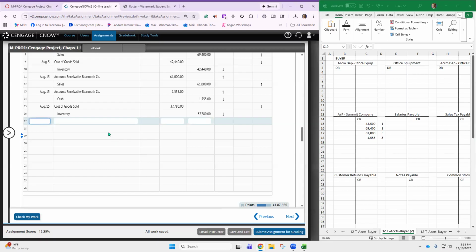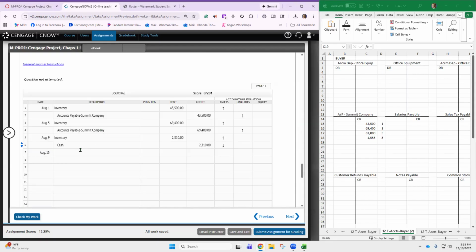So this is the seller. So I want to go to the buyer. Got to make sure you're on the right one. So inventory is going to go up for the $61,000 of the merchandise, and it's going to go in accounts payable. And then I'm going to do another one. I'm going to do the freight separately and see if they agree, but it's still going in inventory.